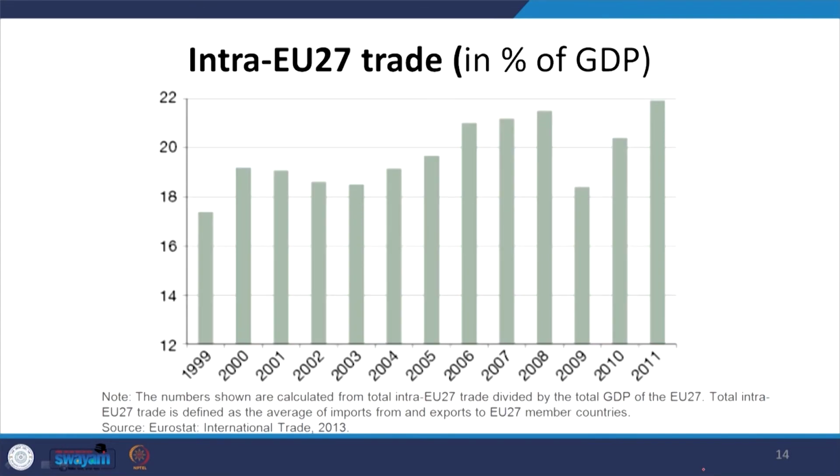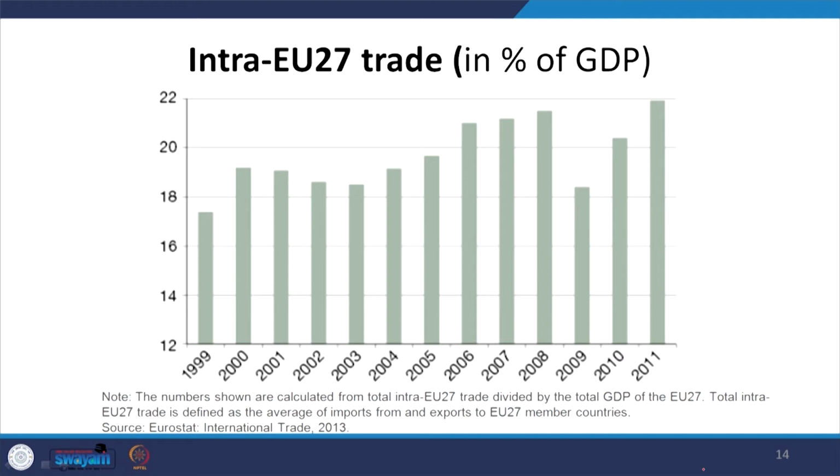Now, intra EU 27 trade as a percentage of GDP. The numbers are calculated using the EU 27 trade divided by the total GDP of those countries. Total intra-euro trade is defined as the average of imports from and exports to EU 27 member countries.